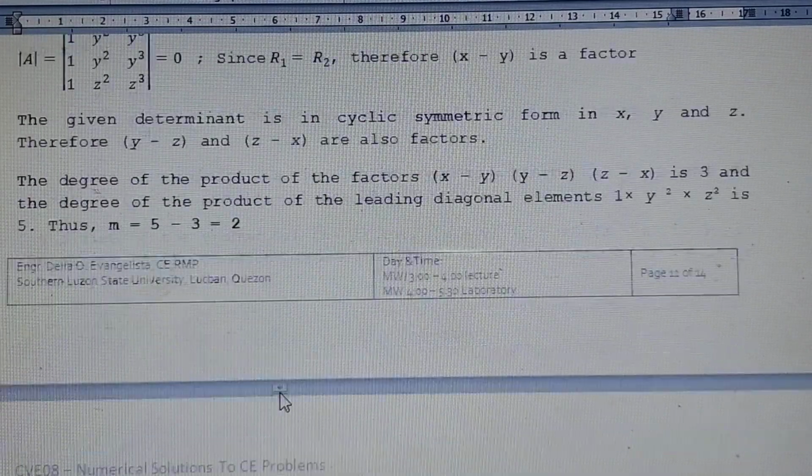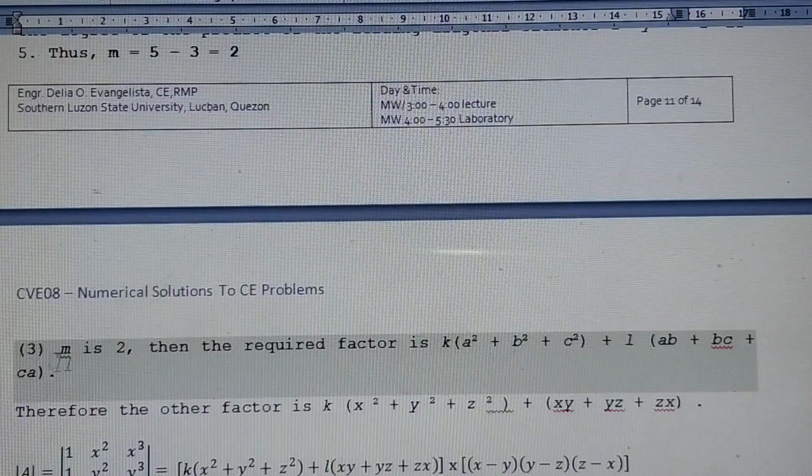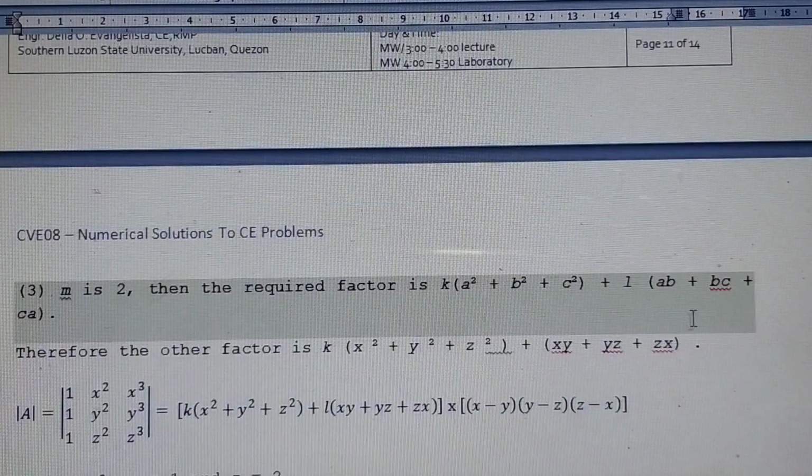So, kapag nangyari yon, na 2 ang nakuha natin, ito yung condition. Ayun. Ito yung magiging factor niya. So, therefore, the factor is, ito siya. I-represent natin sa, imbis na a, kasi ang variable natin dito ay x, y, and z.